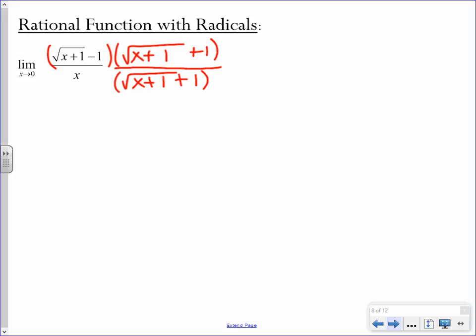So we flip this sign right here. Okay? Now, when we multiply a minus b times a plus b, we get a squared minus b squared. So when we multiply these two, we get x plus 1 minus b squared, which is 1, a squared minus b squared, all over x.